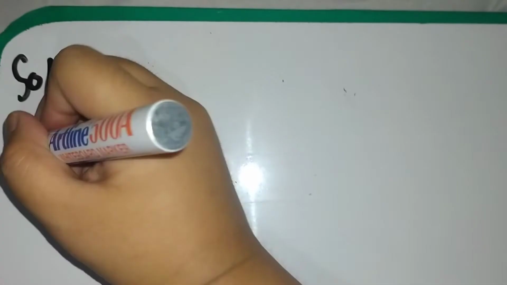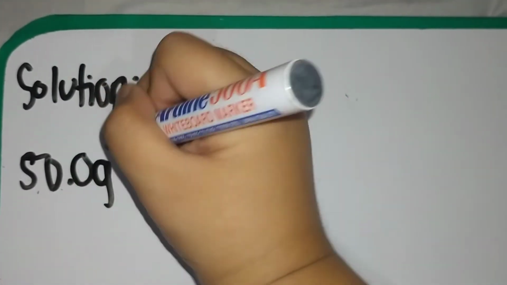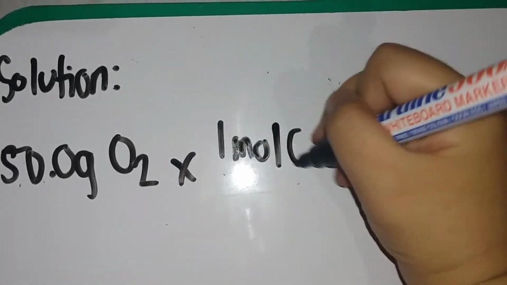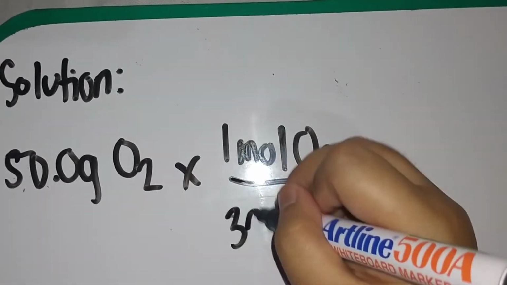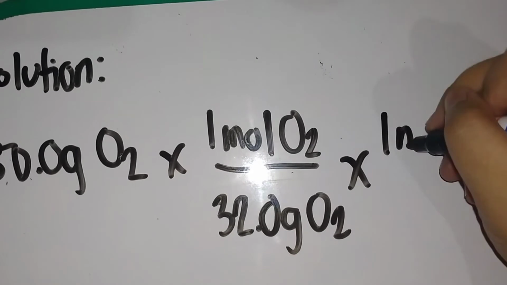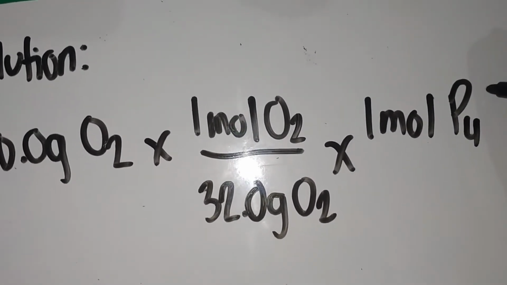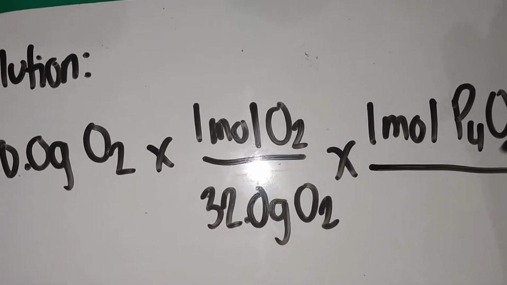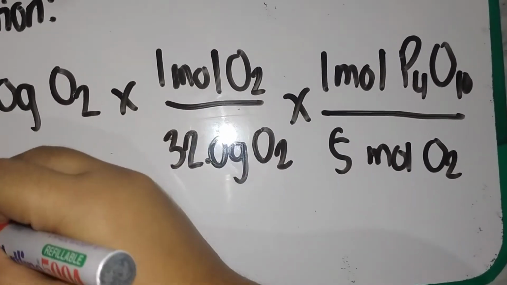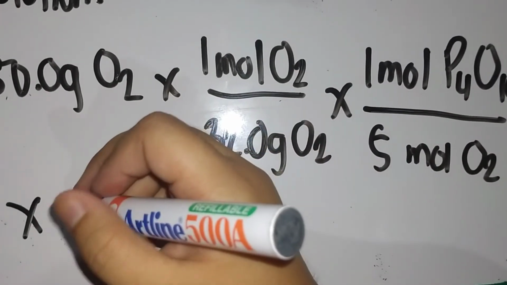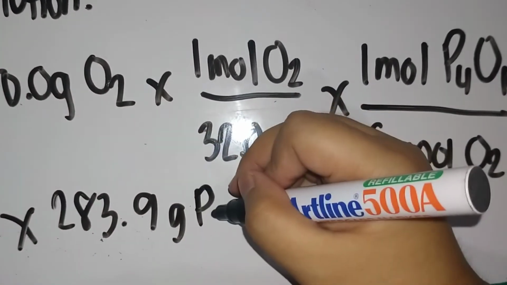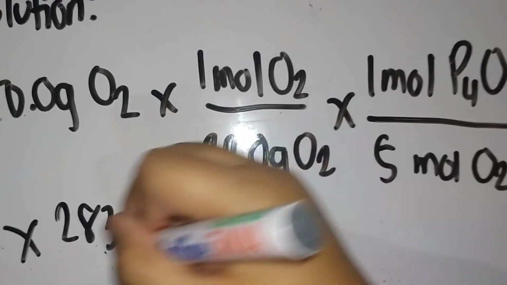Next, another solution for the amount of product formed when all O2 is consumed. So we have 50.0 grams O2 multiplied by 1 mole O2 divided by 32.0 grams O2, multiplied by 1 mole P4O10 divided by 5 moles O2, multiplied by 283.9 grams P4O10 divided by 1 mole P4O10.